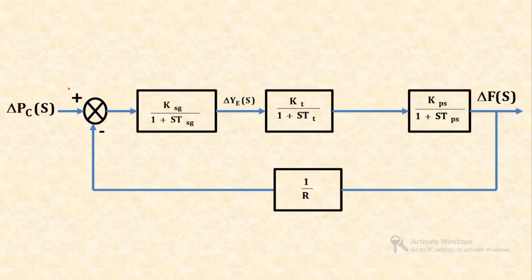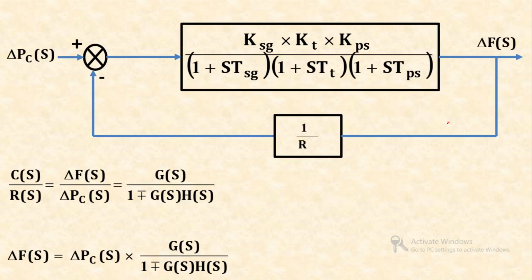Clear? So this is the input, this is the forward path, and this is the feedback path. These three blocks are in series, so the equivalent block will be the multiplication of all numerators and the multiplication of all denominators. In the numerator there will be KSG KT into KPS, in the denominator 1 plus STG multiplied by 1 plus STT multiplied by 1 plus STPS.